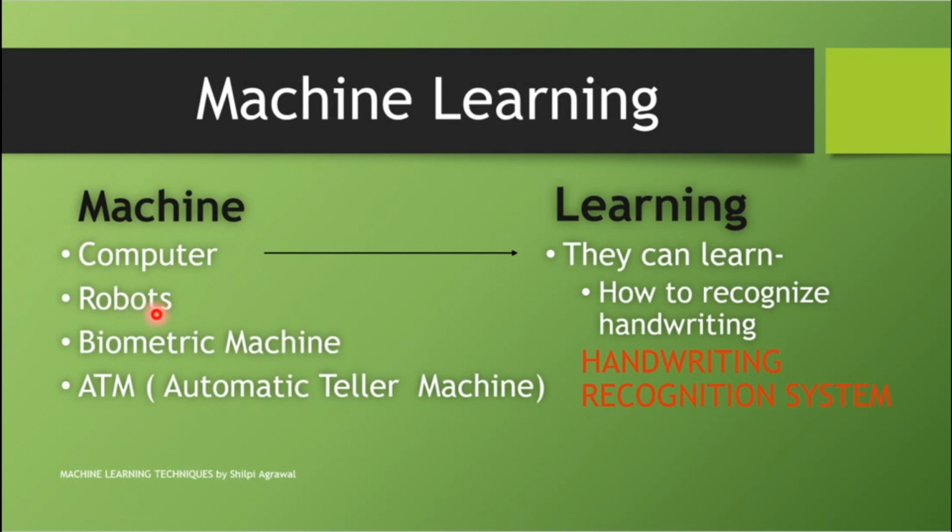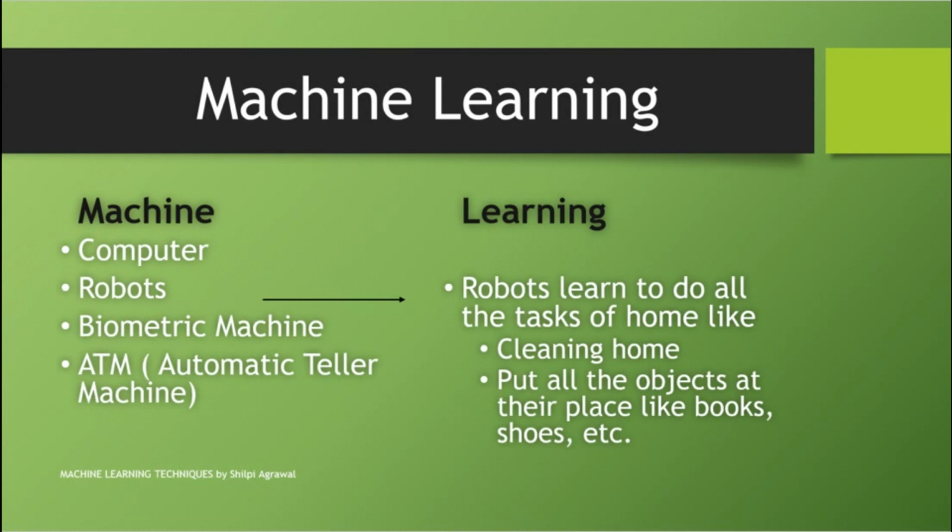Then, next is robots. What do robots learn? So, robots learn to do all the tasks of home like cleaning home or putting all the objects at their place like books, shoes, etc. So in this point we are telling about how robots are useful to us.